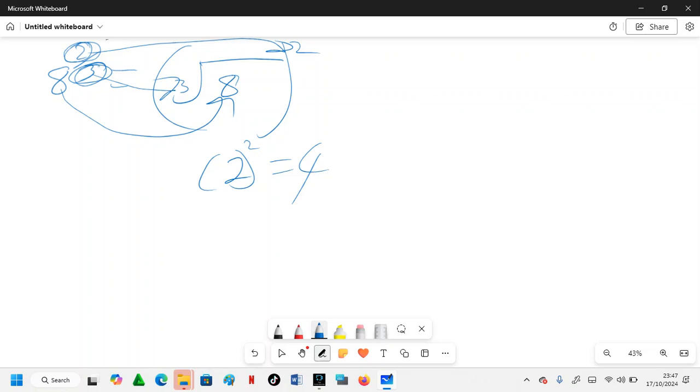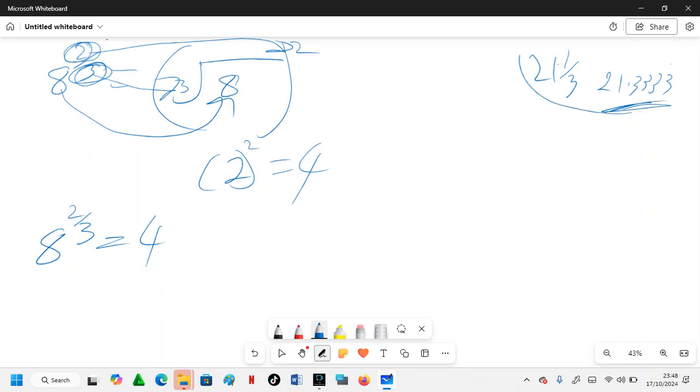And you can check that in the calculator. If you put 8 to the power of 2 over 3, the answer is going to be 4. I'm sure some people have gotten weird answers. If you just say 8 and you raise it to the power of 2 over 3 without putting 2 over 3 in brackets, you are probably going to get 21.3333, 3 recurring, which is very wrong. Why?